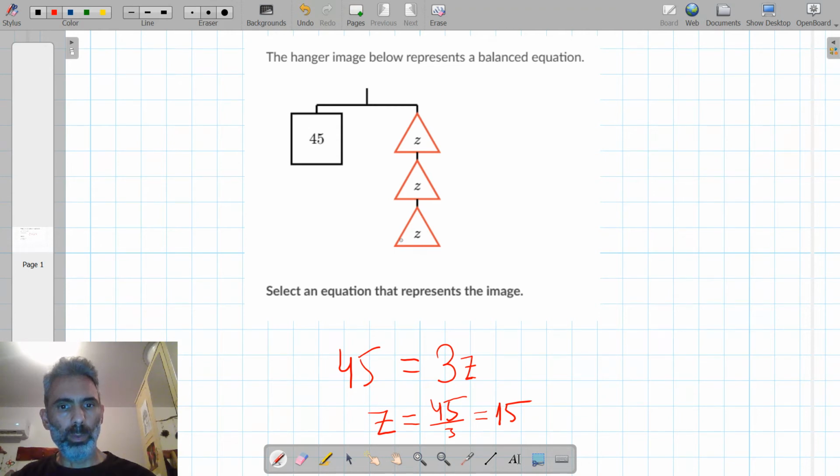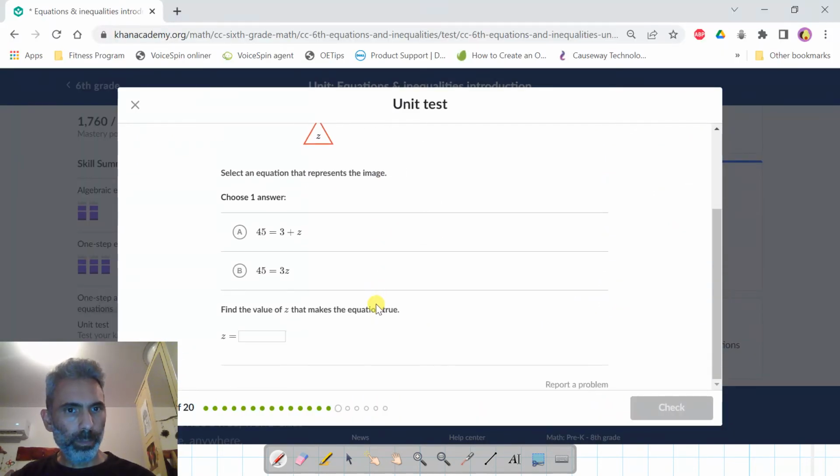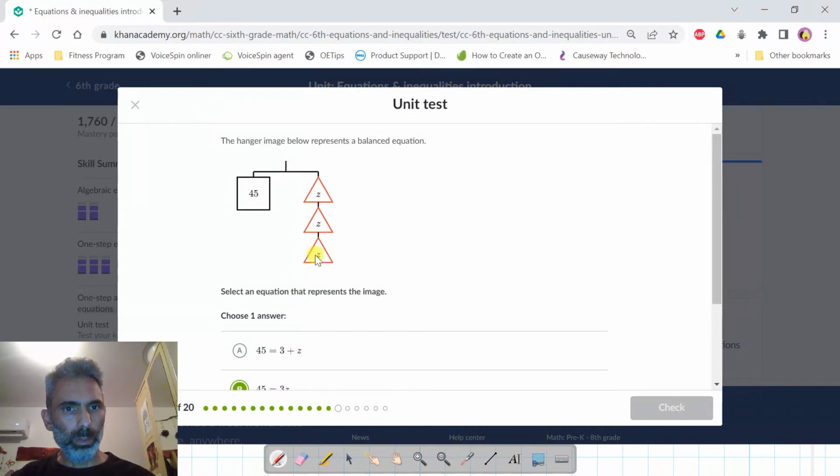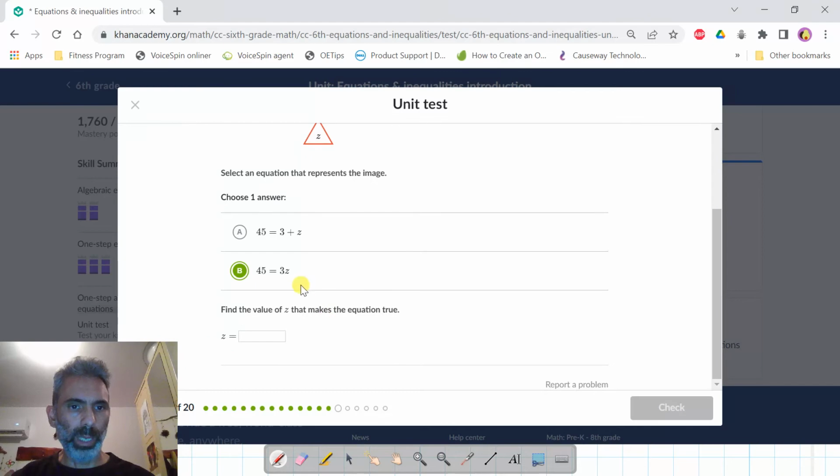Okay, 45 equals 3z. Choose one answer. 45 equals 3z. 45 equals 3 plus z is not correct, because this is z plus z plus z. These are 3 z's, so it's not 3 plus z, it's 3 times z.